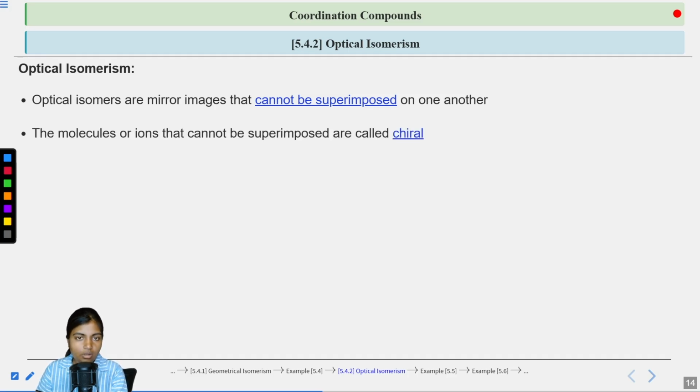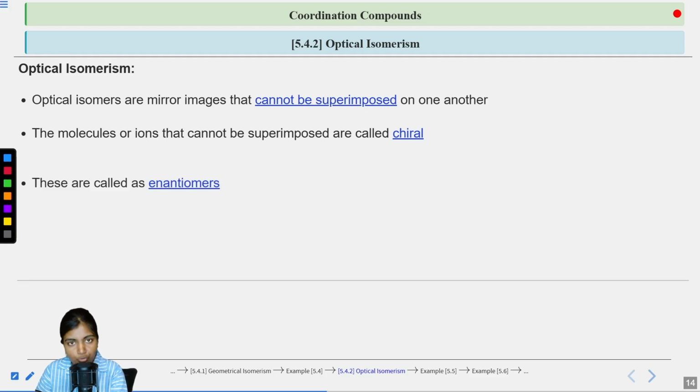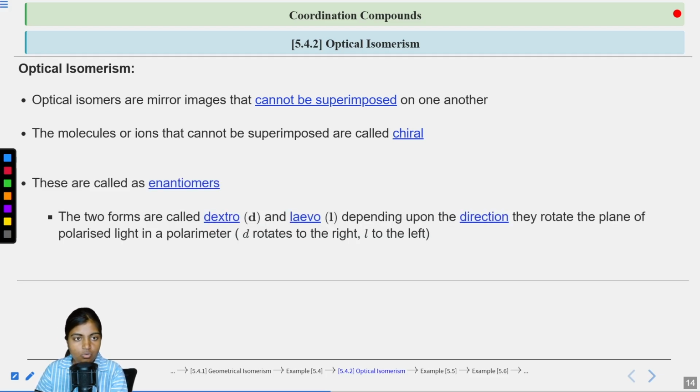The molecules or ions that cannot be superimposed are called chiral. The arrangement around the carbon is going to be different in those molecules. These are also called enantiomers.